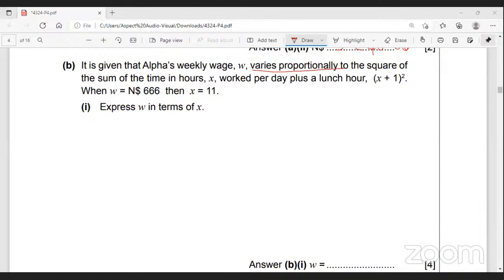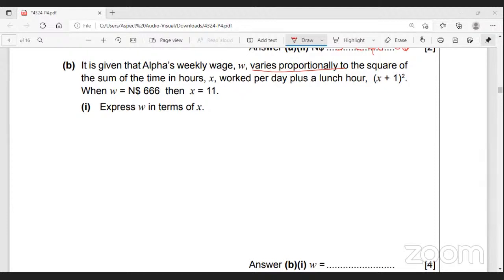It is given that Alpha's weekly wage varies proportional to the square of the sum of the time in hours she works altogether.